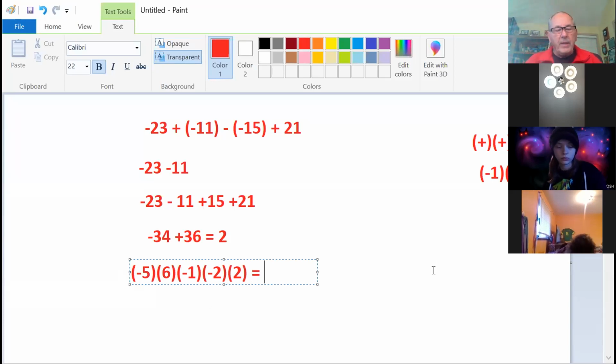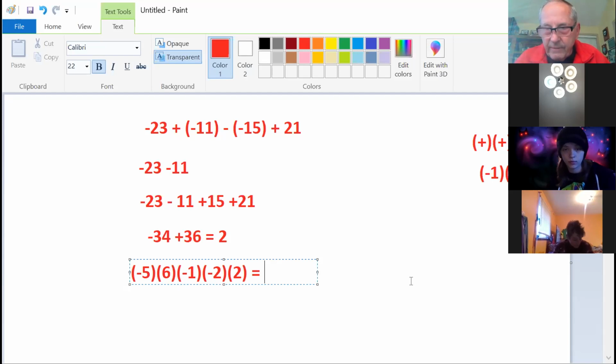It looks like that. So what you do is you look and you count up the number of negatives. Since there's 3 negatives, it's odd, so it's negative. That's a simple way. You could also say a negative times a positive is a negative, times a negative is a positive, times a negative is a negative.